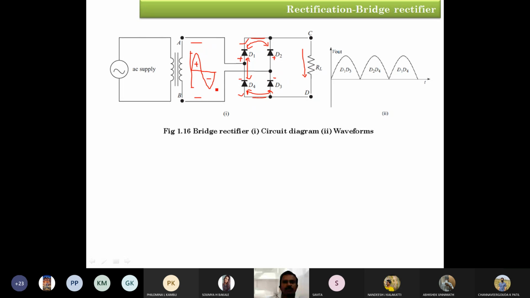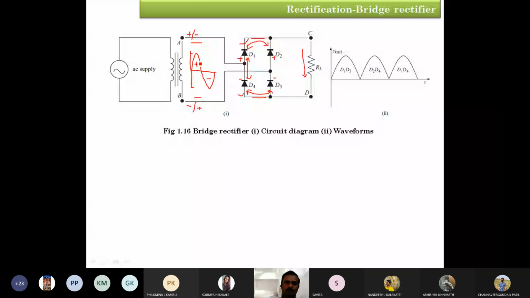So for the positive cycle, the A terminal of the secondary of the transformer is going to act as positive polarity and B is going to act as negative. Similarly, for the negative half cycle, A and B polarities will be reversed compared to the previous state. So during the positive cycle, which diode is going to conduct?